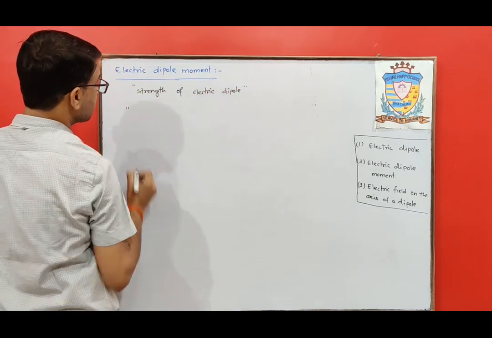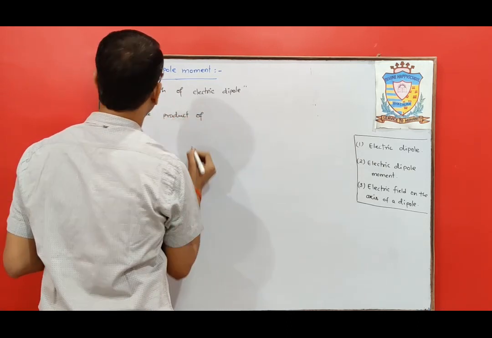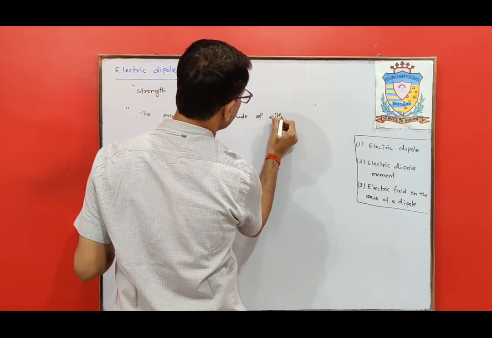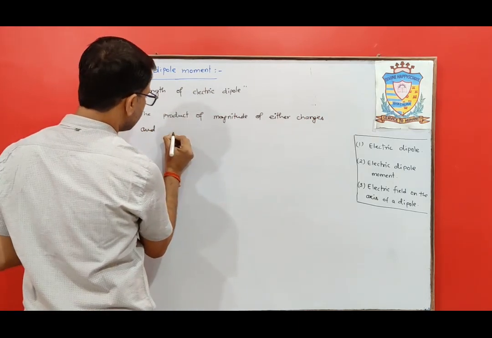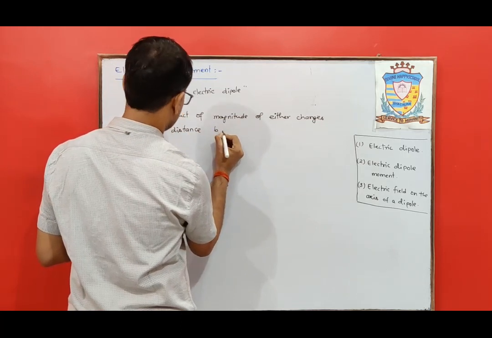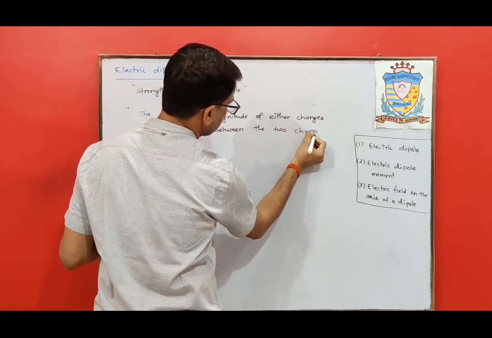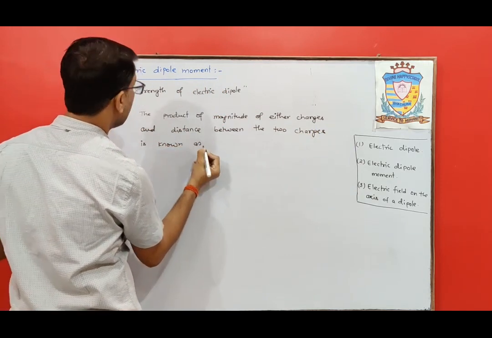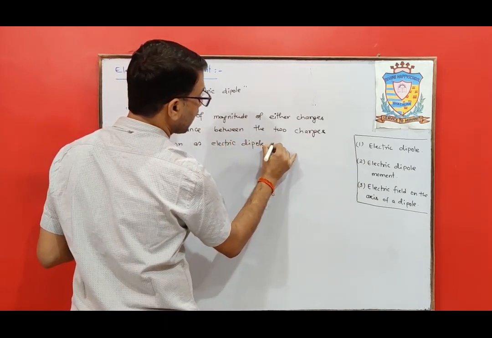In other words, this can be written as the product of the magnitude of either charge and the distance between the two charges, which is known as electric dipole moment.